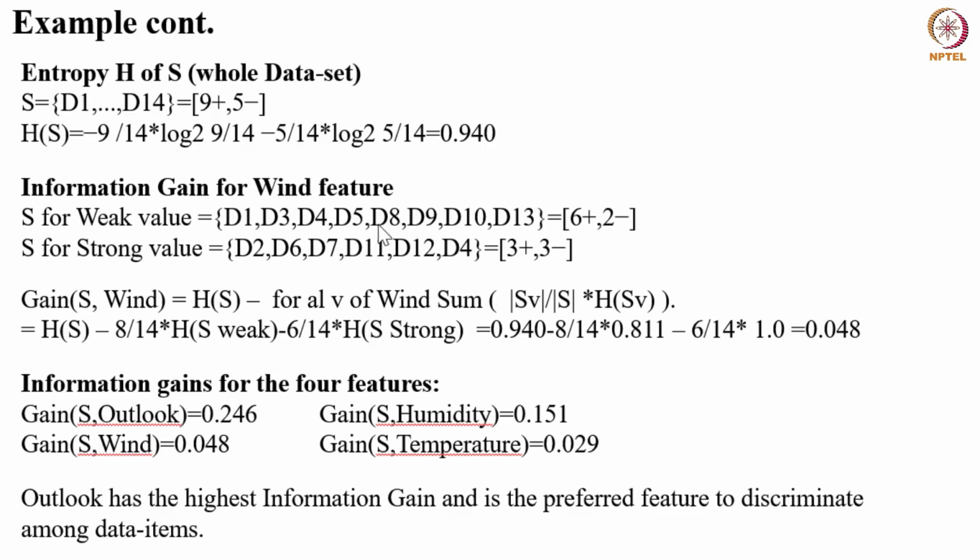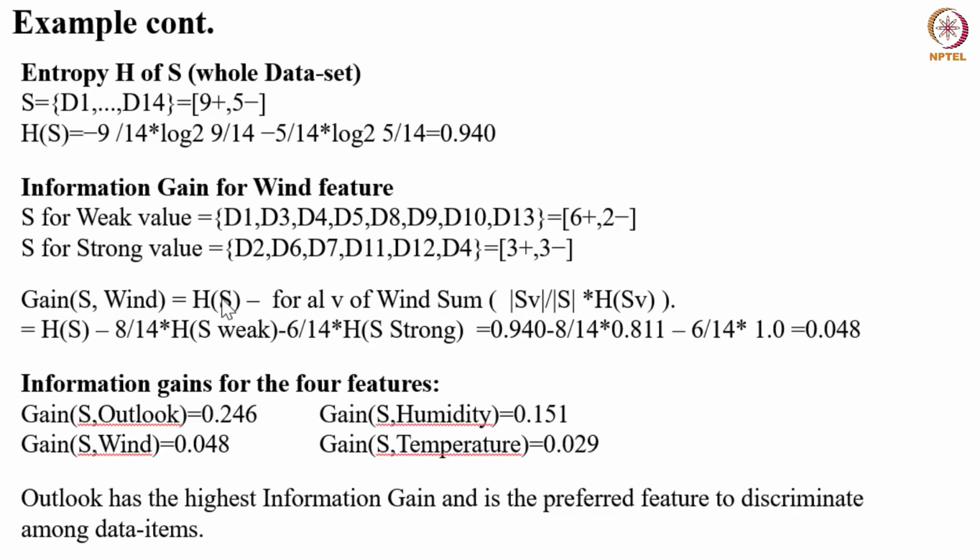It turns out to be 8 instances in total, 6 of them positive, 2 of them negative. In the other case, we would have 6 instances, 3 of them positive, 3 of them negative.